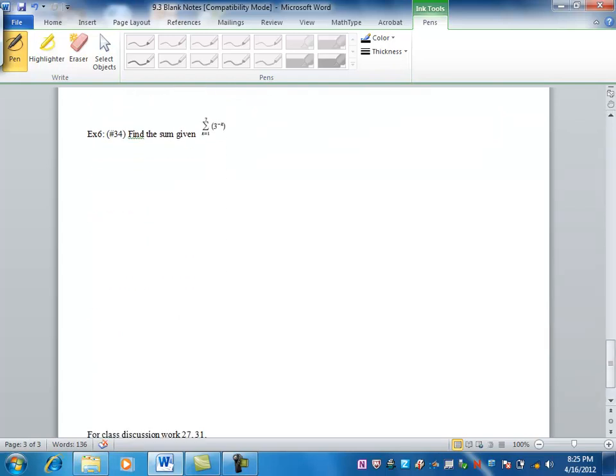We look at example 6. Here we've got a sum that's going from 1 to 7. So basically we're finding the sum of the first 7 terms.